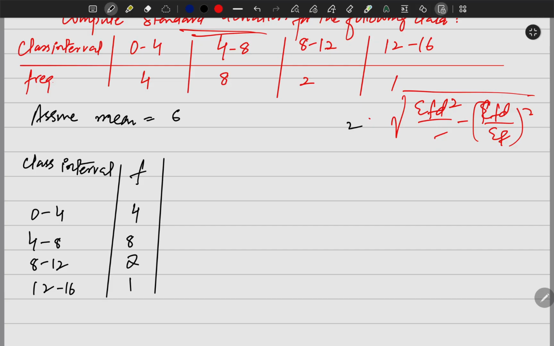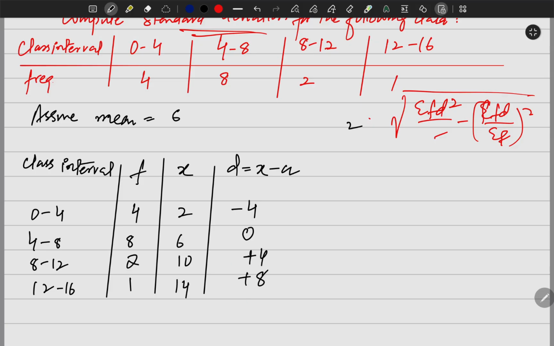Here it will be 6, here it will be 10, then it will be 14. Okay, so now we will find the deviation, that's x minus a. So that is 2 minus 6, that is minus 4, then 6 minus 6 is 0, this will be plus 4, this will be plus 8.